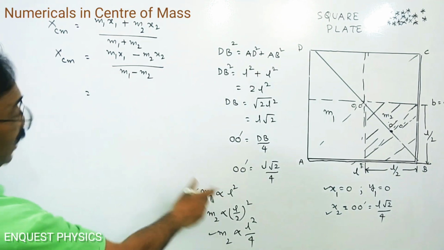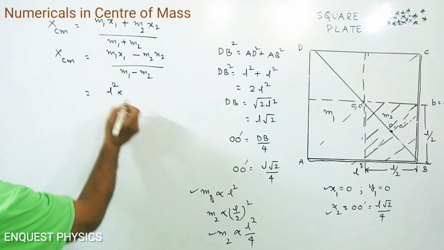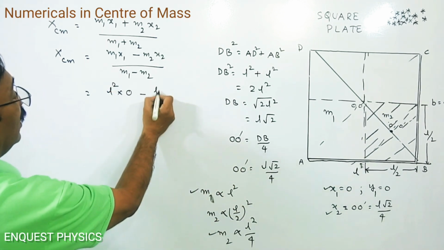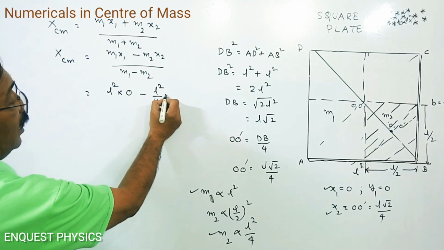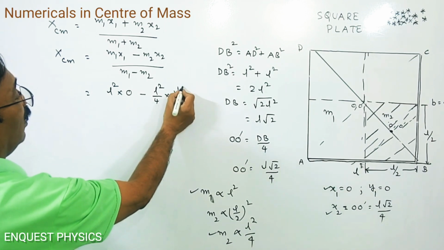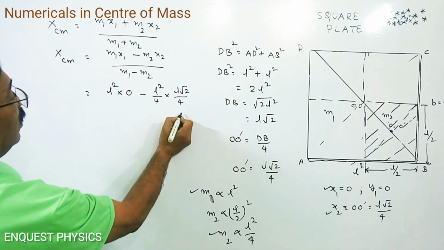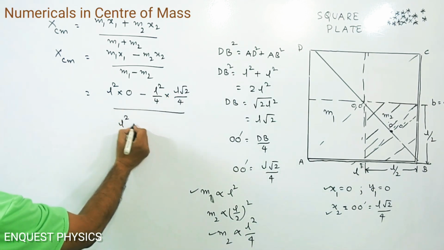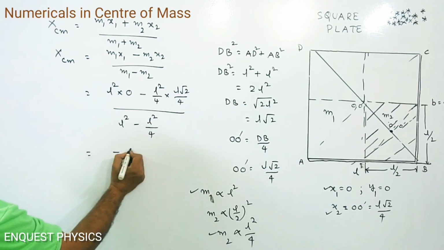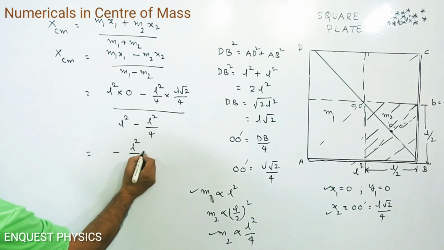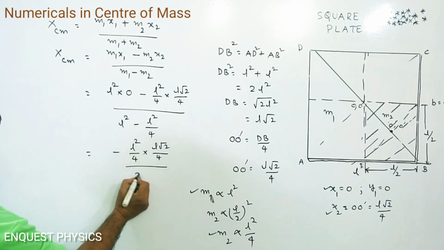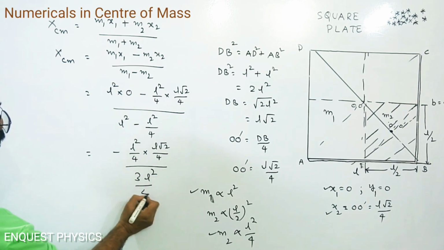M1 is L squared, and X1 is 0, minus M2, L squared by 4, into X2, which is L root 2 by 4, divided by L squared minus L squared by 4, that is 3L squared by 4.